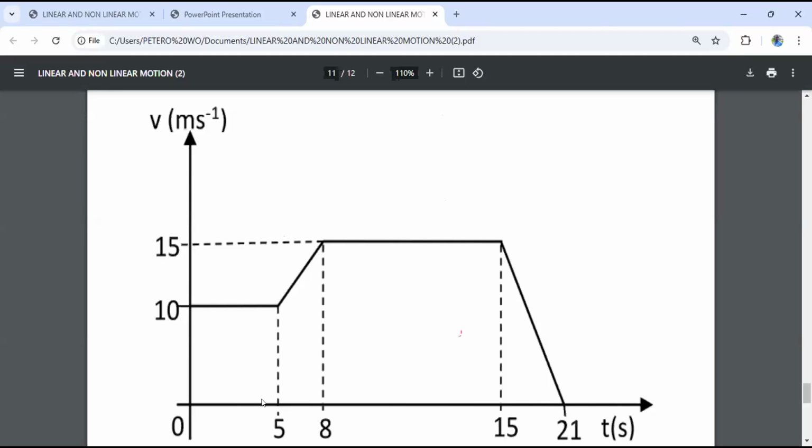We are using the graph to determine the total distance that has been traveled. And then we also determine the average velocity. How are we getting the distance? Which distance are we getting? And which time are we getting for us to get the average velocity?